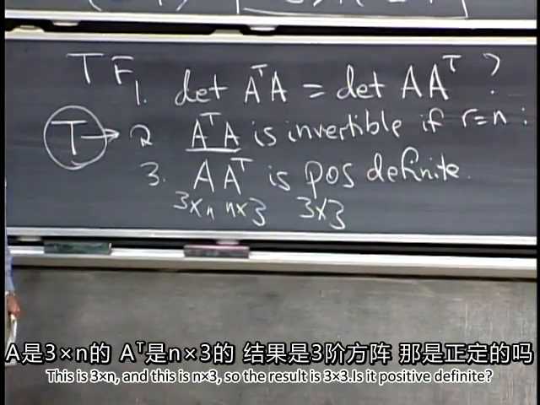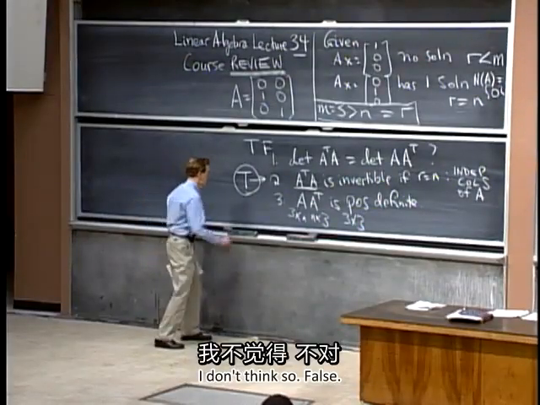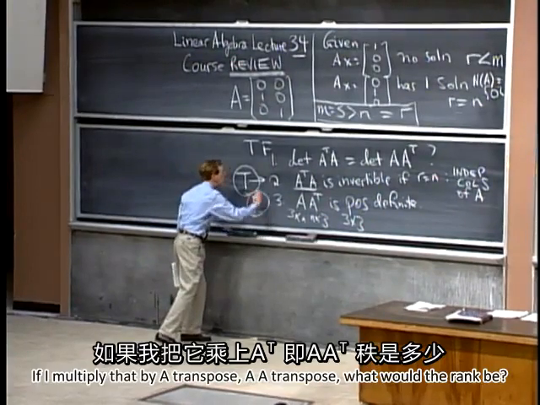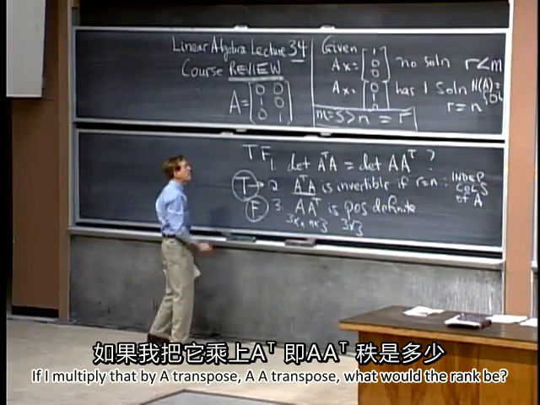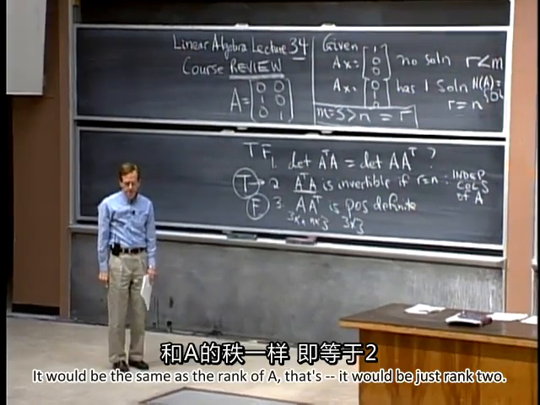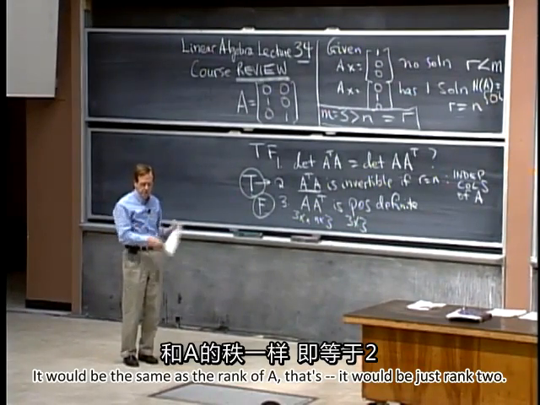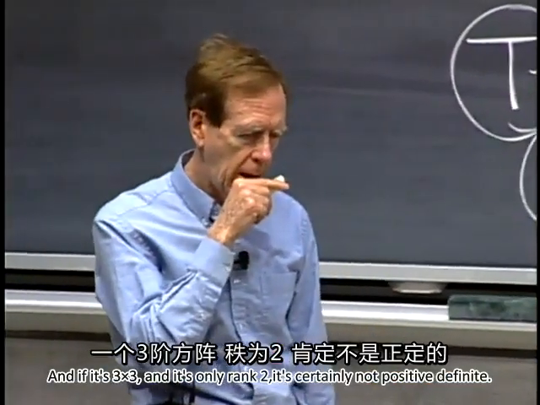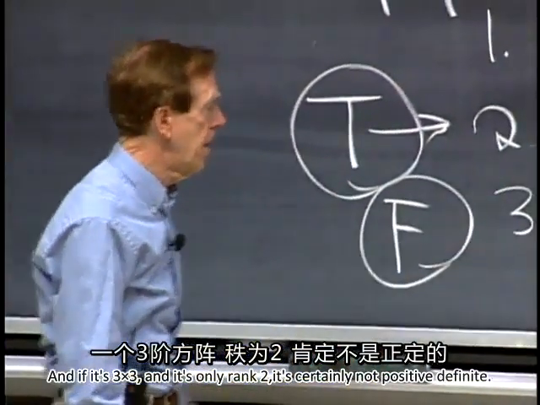Is it positive definite? I don't think so. False. If I multiply A by A transpose, what would the rank be? It would be the same as the rank of A. It would be just rank 2. And if it's 3 by 3 and it's only rank 2, it's certainly not positive definite.